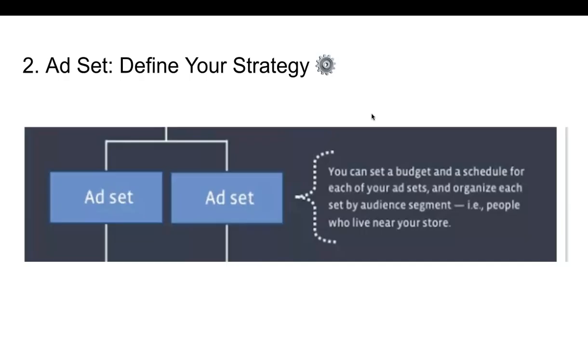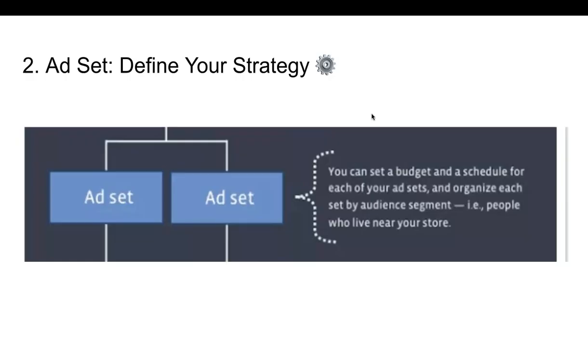Next, the second level is called the ad set, where you're able to define your strategy. The ad set is inside of each campaign. So each campaign has ad sets, and this is where you can control your targeting, which is who sees your ad, from age to gender to interest to location.